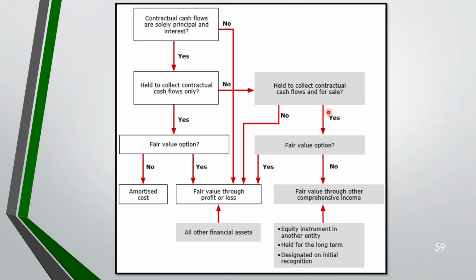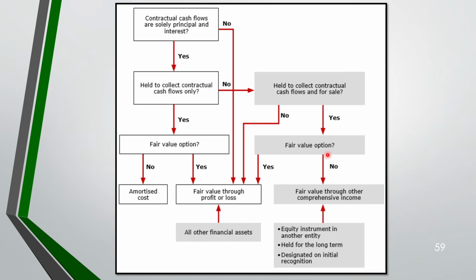So yes, you might have a fair value option, but no. Why no fair value option? It will go through OCI. If it's no, if it's yes, profit and loss.